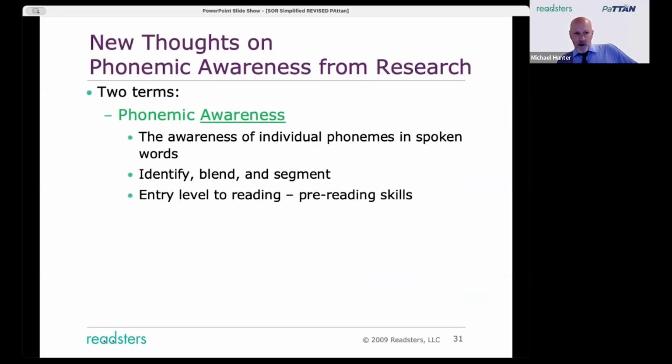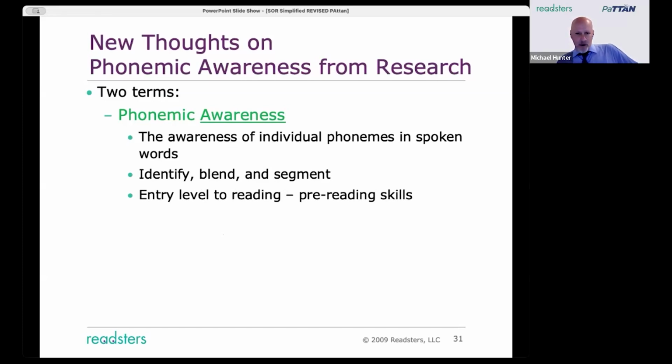Now, I said I was going to talk about two different terms for phonemic awareness, and the two terms are phonemic awareness, and this is the basic necessary pre-reading skill to be ready for decoding. Students must be able to identify, blend, and segment phonemes orally. So that means that if I give them three sounds, they can tell me instantly that that's rat.